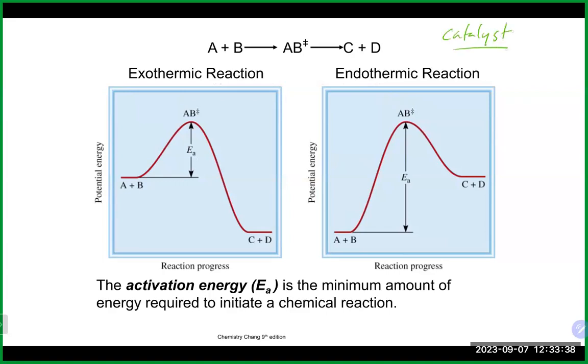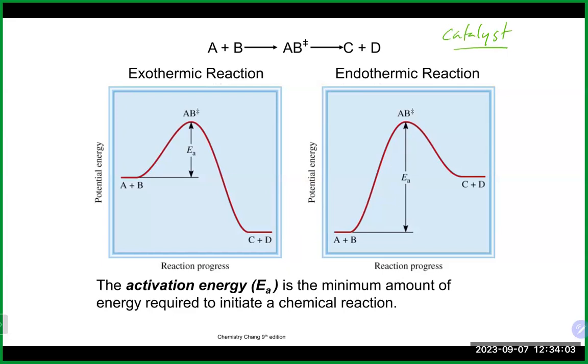A catalyst is not a reactant and it's not a product, and it does not get used up in a chemical reaction. But what a catalyst is able to do is find an alternative pathway for that reaction to take place. It allows everybody to come together in a more efficient manner.